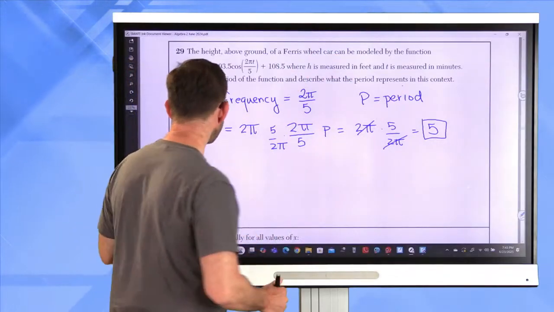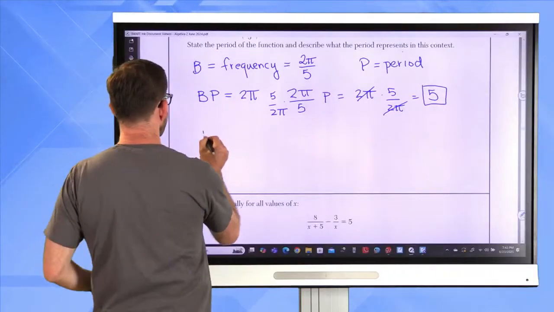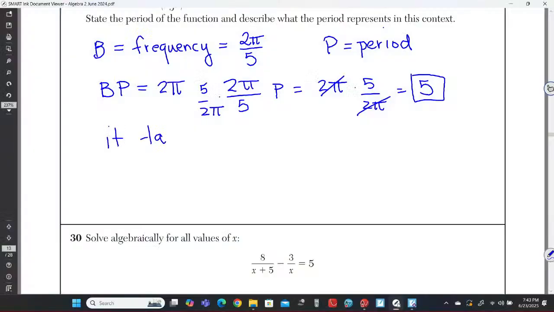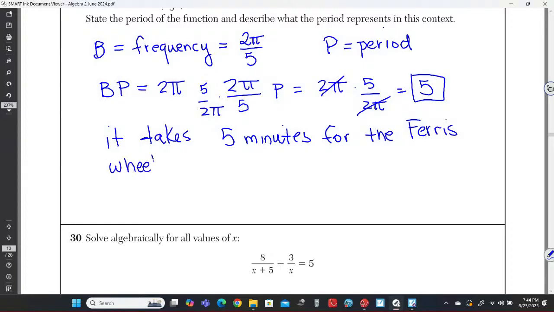So what does that 5 represent? It represents that it takes 5 minutes for the Ferris wheel to make one complete revolution.